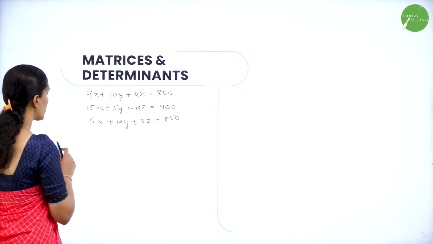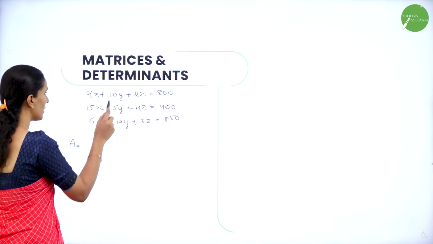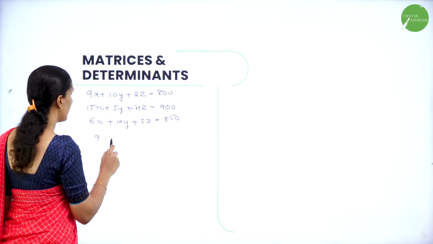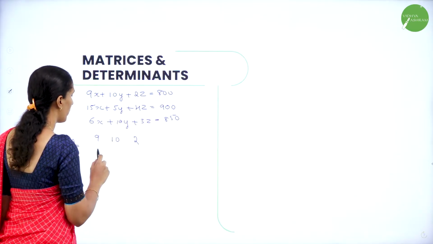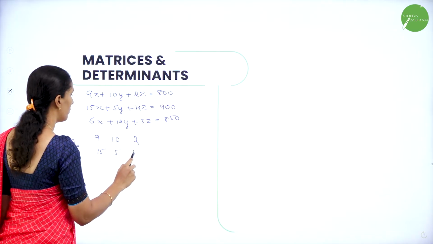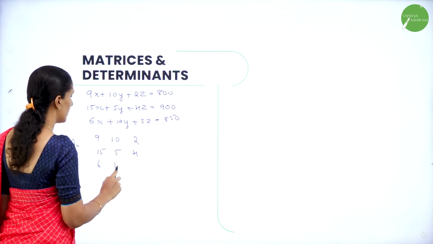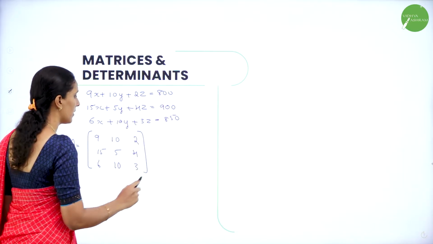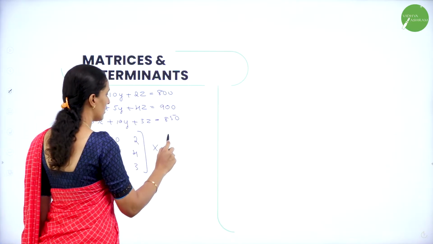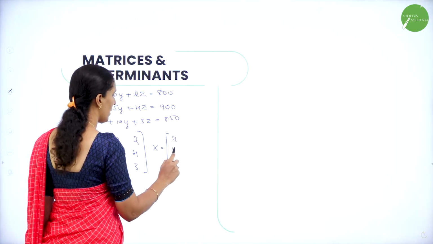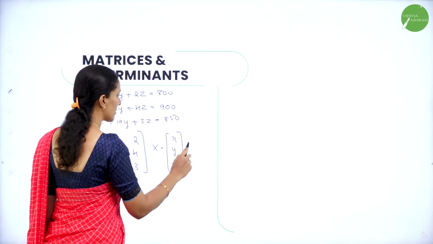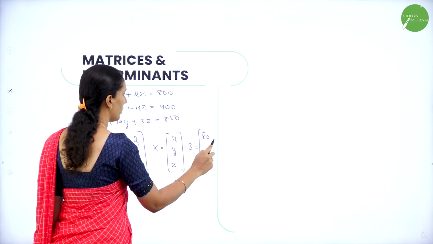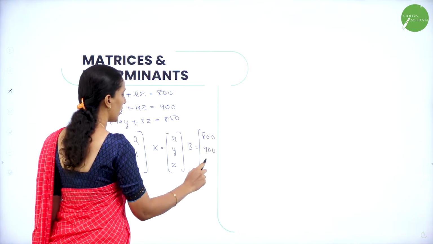So here let's write matrix A, that is the coefficients of x, y, z, that is 9, 10, 2, 15, 5, 4, 6, 10, 3. So this is our matrix A. Next X, Y, Z. Next matrix B, that is the commission 800, 900, 850.